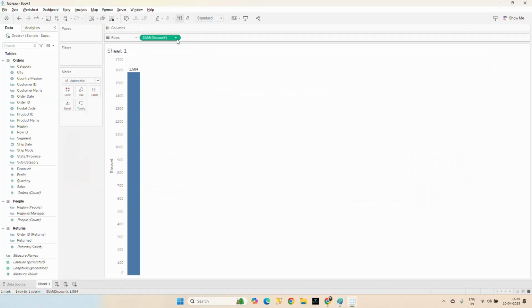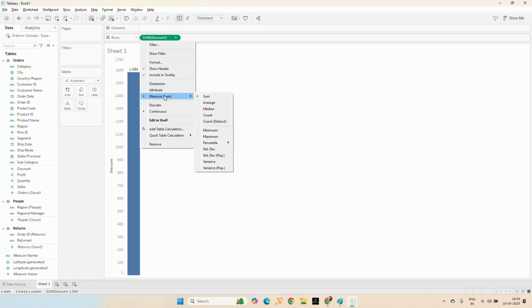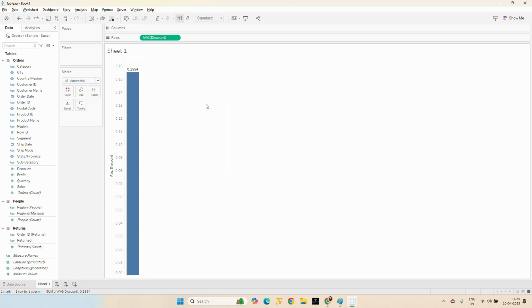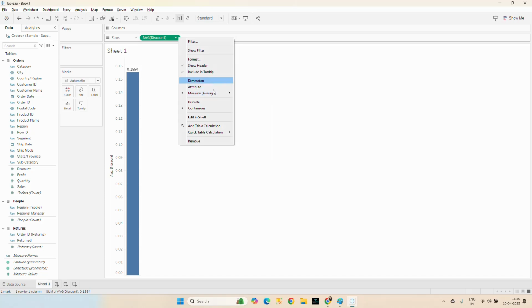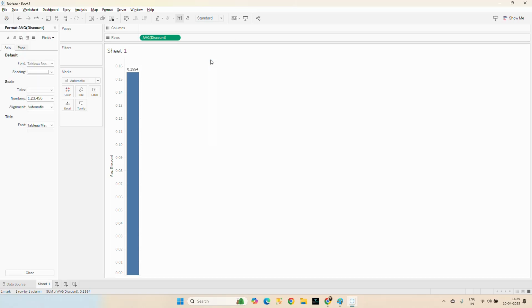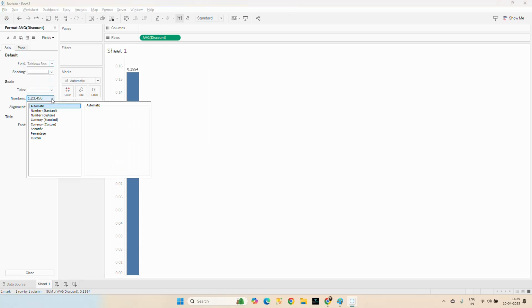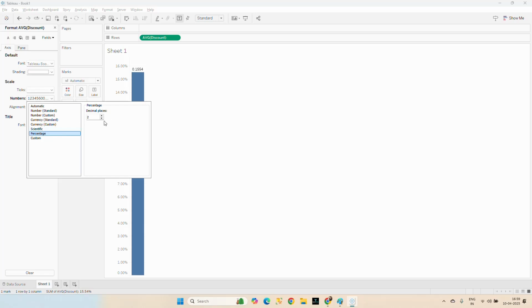So now I'm applying average. See, now you can get 0.15. Check format, number, percentage.